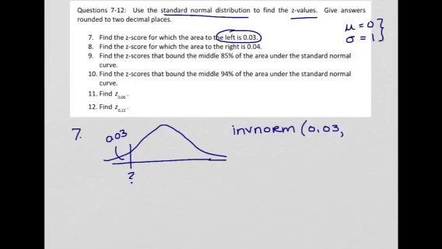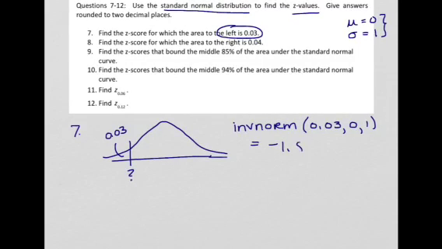Now, if you have a stat wizard, then you need to tell the wizard that the mean is 0 and the standard deviation is 1. And when you enter that, then you get negative 1.88.